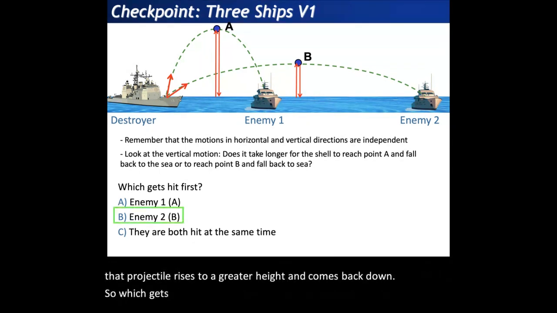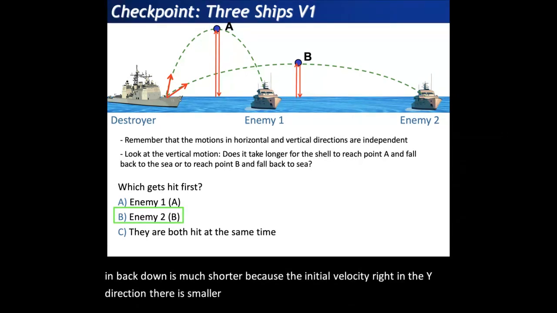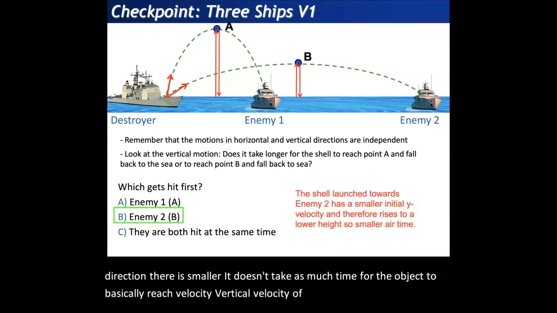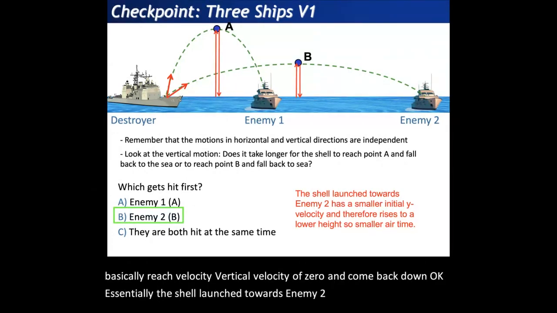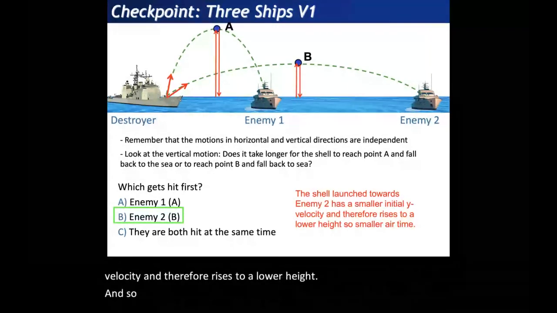Enemy 2 does, because the trip up to point B and back down is much shorter, since the initial velocity in the y direction is smaller. It doesn't take as much time to reach a vertical velocity of 0 and come back down. Essentially, the shell launched towards enemy 2 has a smaller initial y velocity, rises to a lower height, and so has a smaller air time.